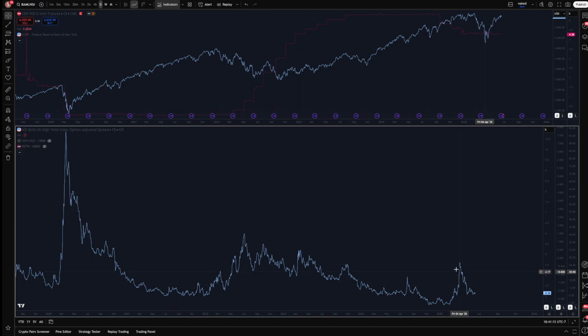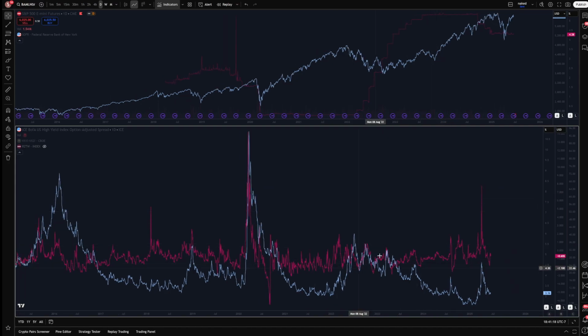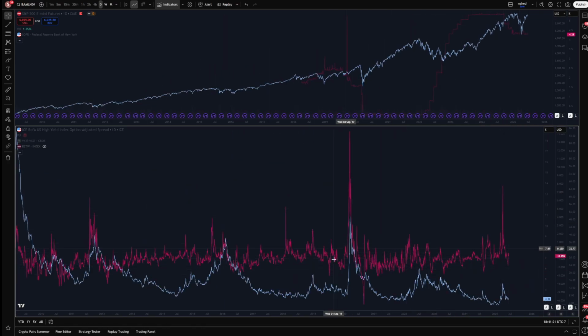This is the credit spread that we just talked about. This is the VIX credit spread in red, which to me is the most robust and understandable one. But this is like volatility complex, options, implied volatility, whereas the blue one is more like creditworthiness.